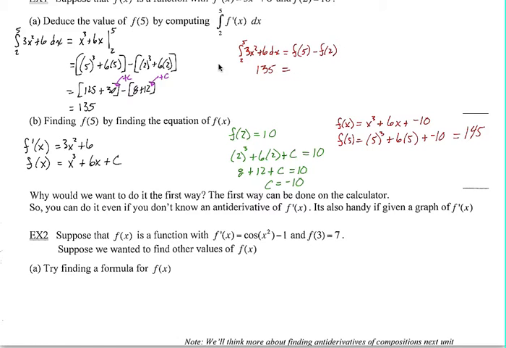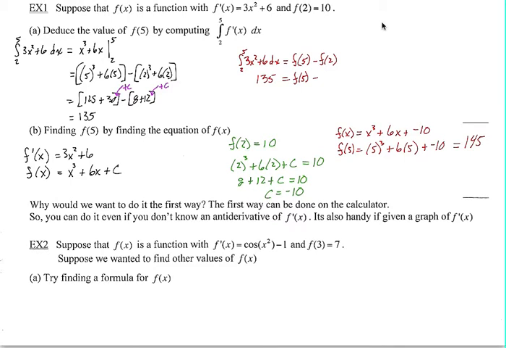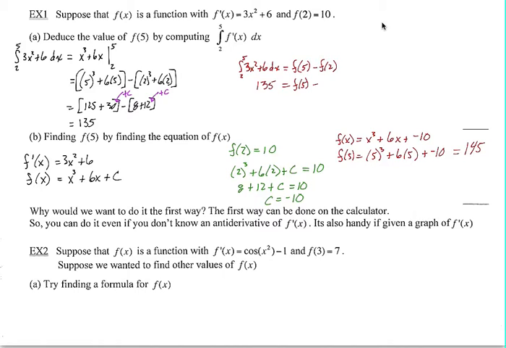F of 5, we don't know. That's what we're looking for, right? But we have been given, tucked up here right above the top of the screen, this value here. We know what f of 2 is. So then we can plug that in to the first fundamental theorem of calculus. This is 10.